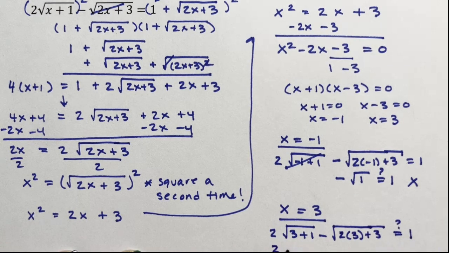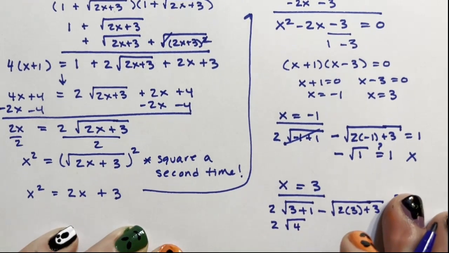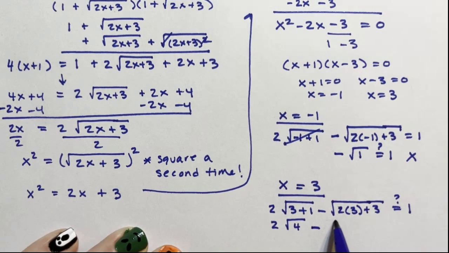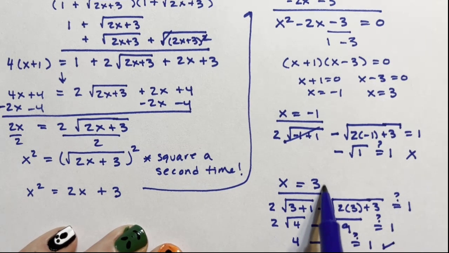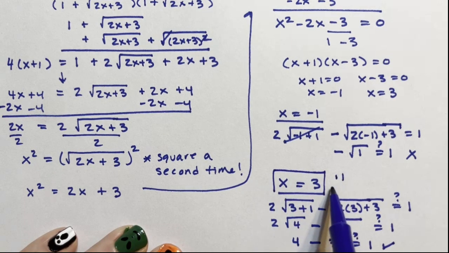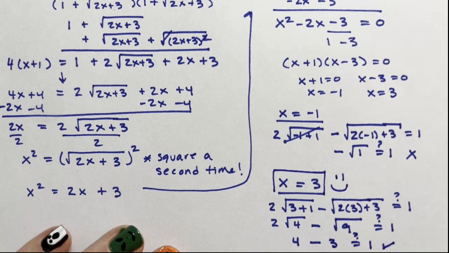So is 2 times the square root of 4 minus the square root of 9 equal to 1? Well, this is 2 times 2, and this is 3, and that checks out. So this is a valid answer.